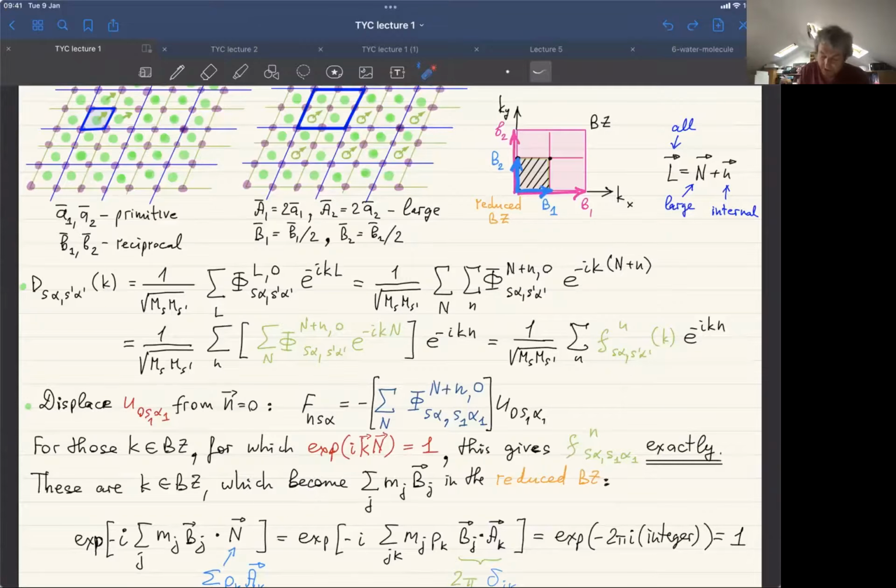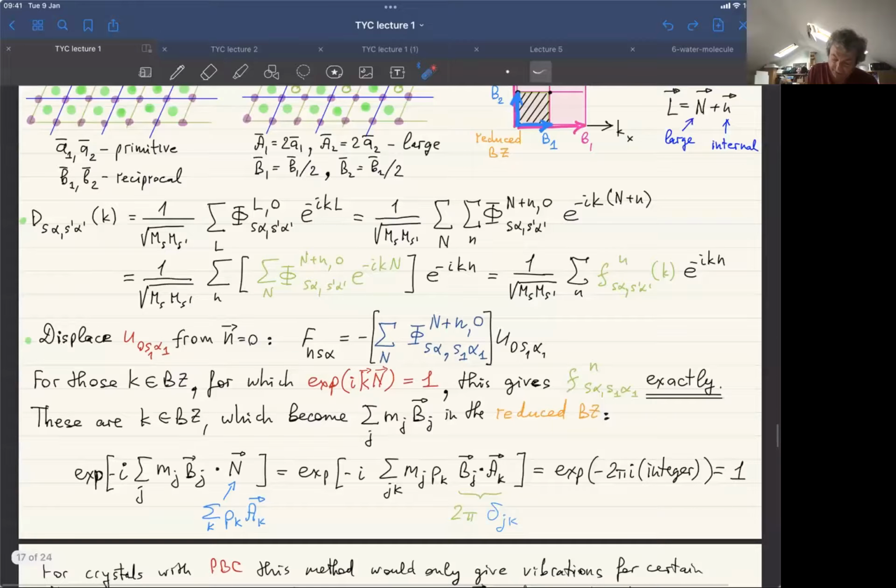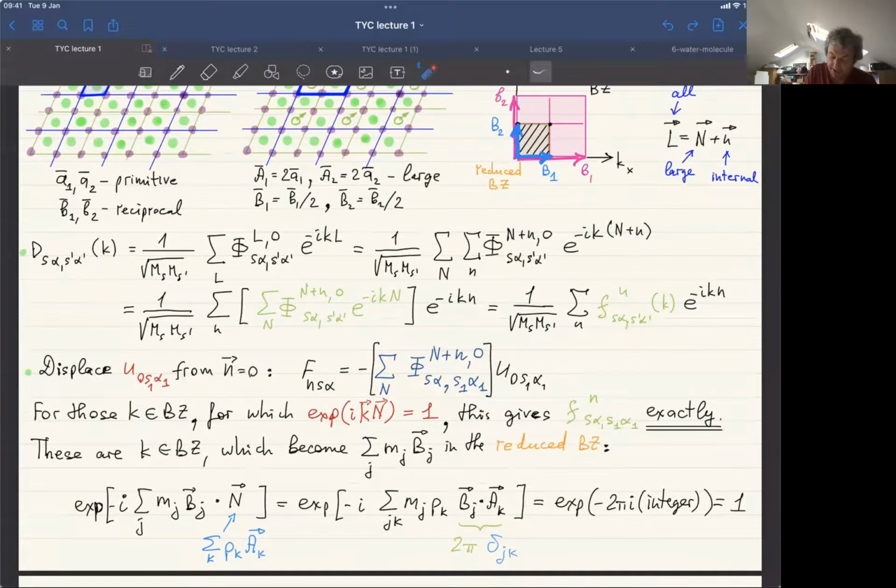All right, okay. So did you get the point that if K vectors are a linear combination of the reciprocal lattice vectors associated with the reduced Brillouin zone, then that expression is satisfied for any large translations? So this is that line of reasoning here.